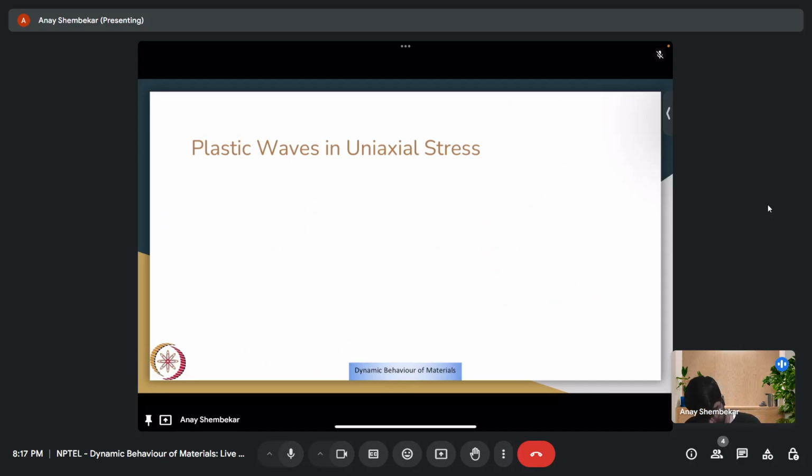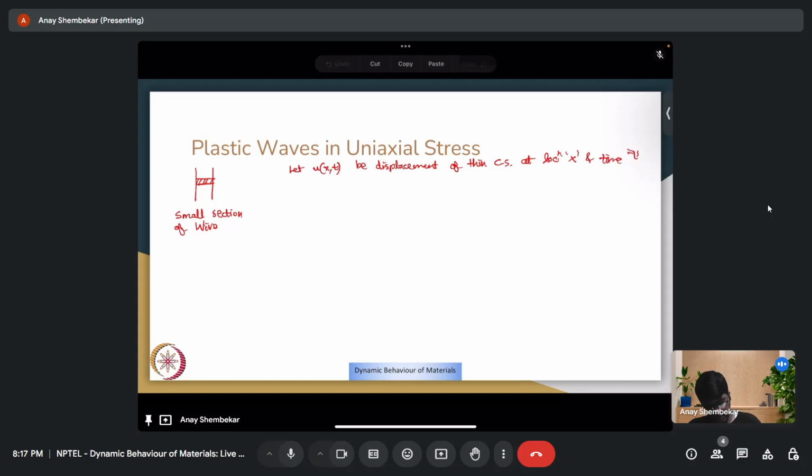If now I look at a small section of wire, let u of t be the displacement of the thin cross section at location x and time t.